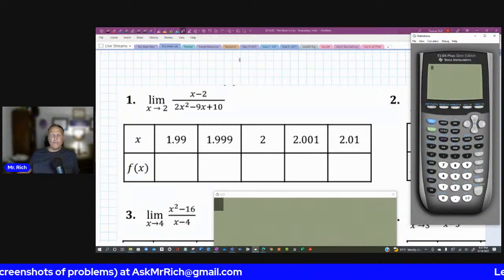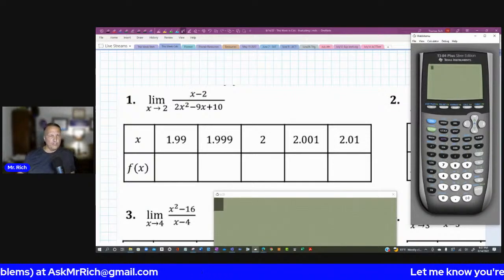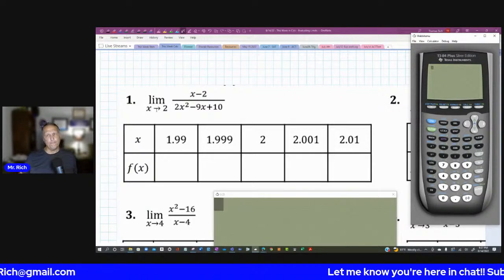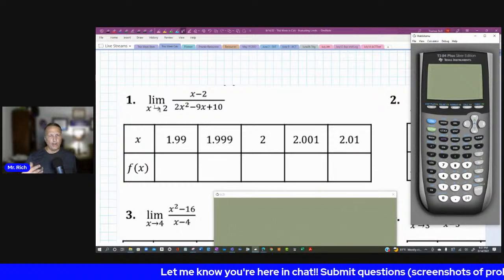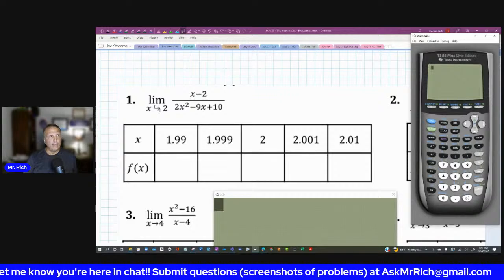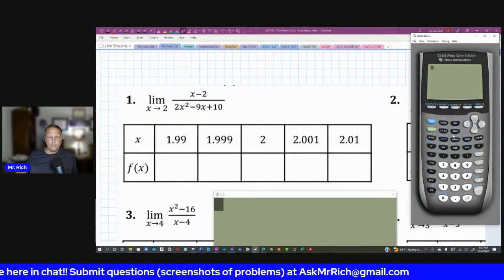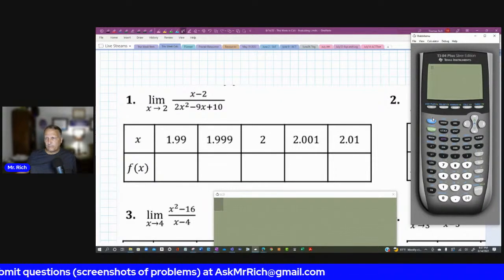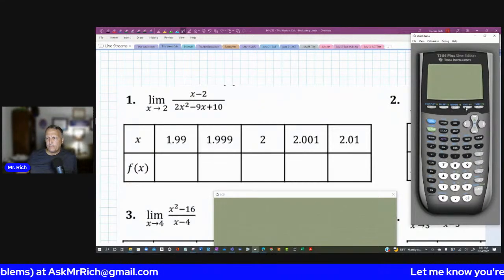If I want to evaluate the limit of my function as x approaches 2, I could do it graphically. I could tell my calculator to graph this function and see what's happening at 2, but I'm going to make a table of x and y values. I'll do it a couple of ways.